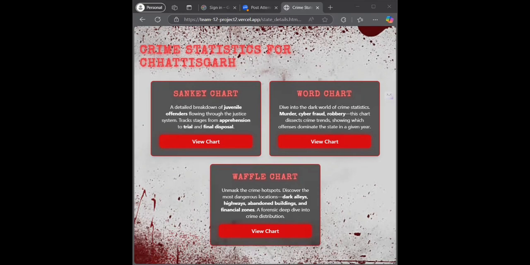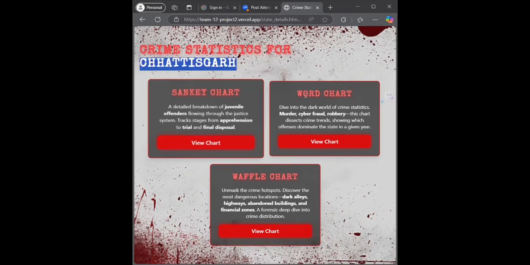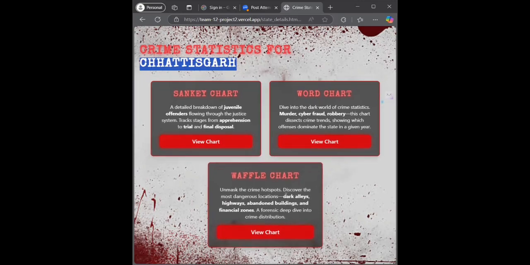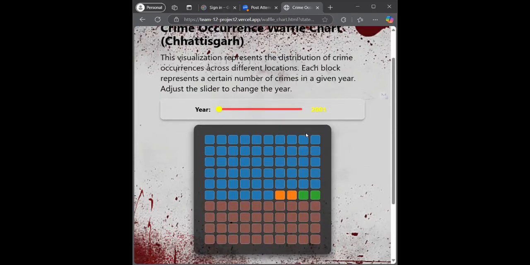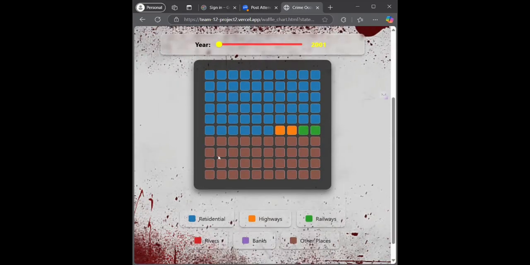Here, as we click on a particular state such as Chhattisgarh, we get three different visualizations. For the waffle chart, getting to know the different regions of occurrence of crime, we click here. We get the waffle chart for the state of Chhattisgarh and for a particular year, which is 2001 right now.